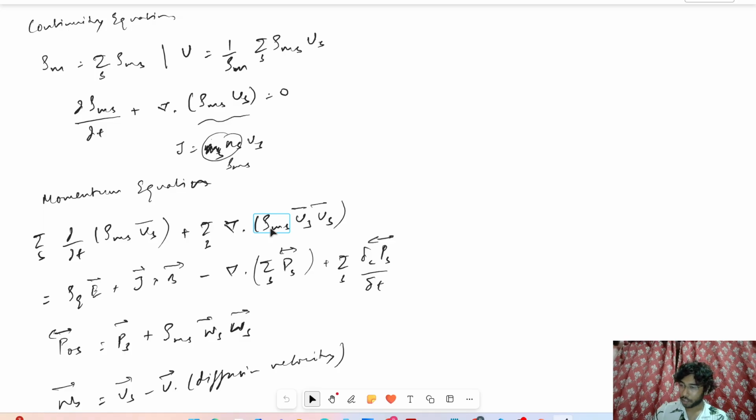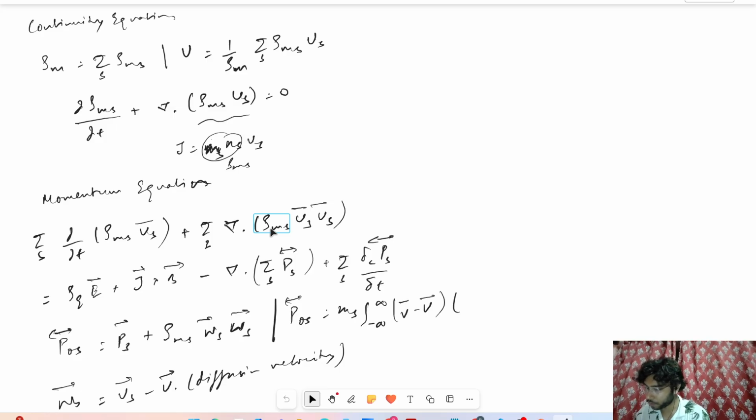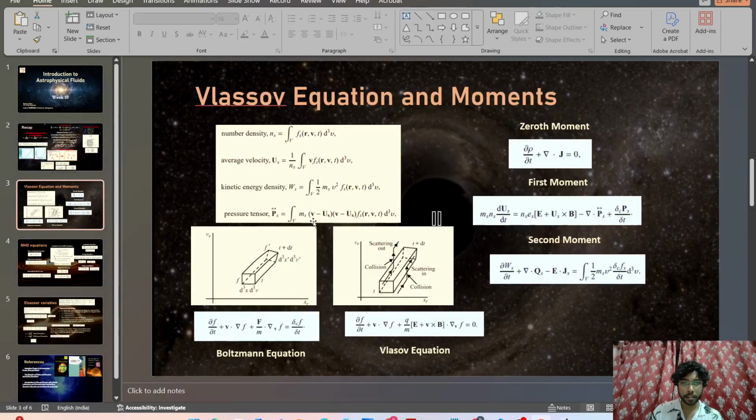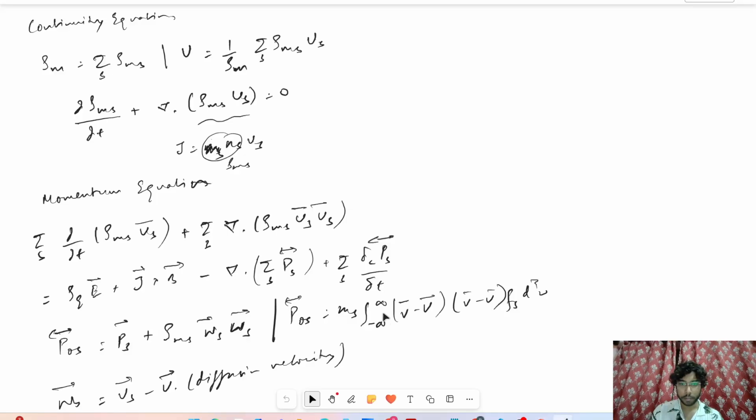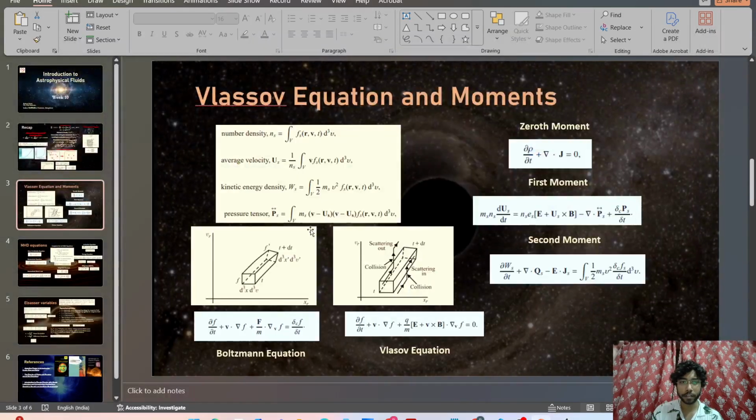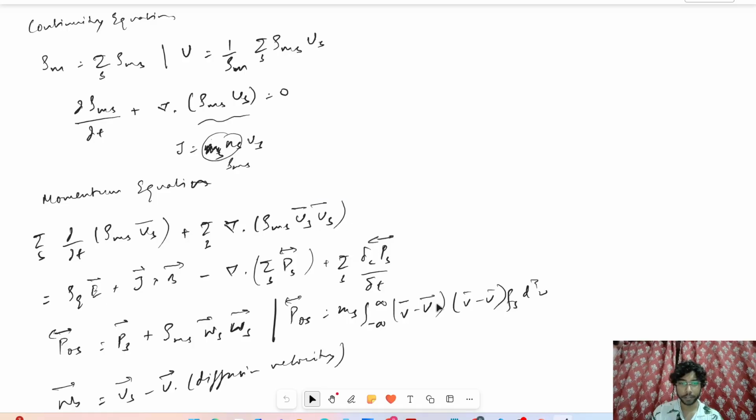What I'm writing now is the actual definition of P naught s. If you remember, for P_s it was v minus u_s, but for P naught s it's v minus u, the velocity minus the velocity of the fluid, whereas here it was the velocity of the species. That is the relation between P naught s and P_s.